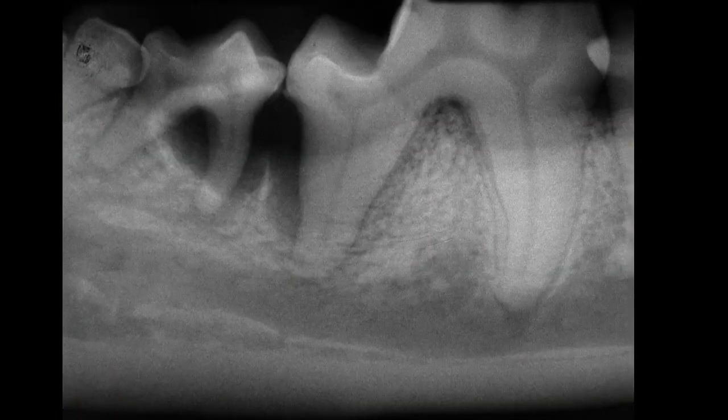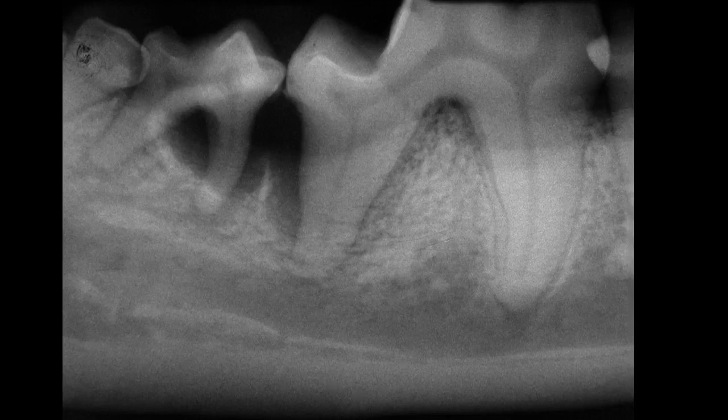So looking at that radiographically, you've got that defect back there adjacent to the distal aspect of the distal root on that first molar, which is a significant area. You've also certainly got the bone changes on that second molar.